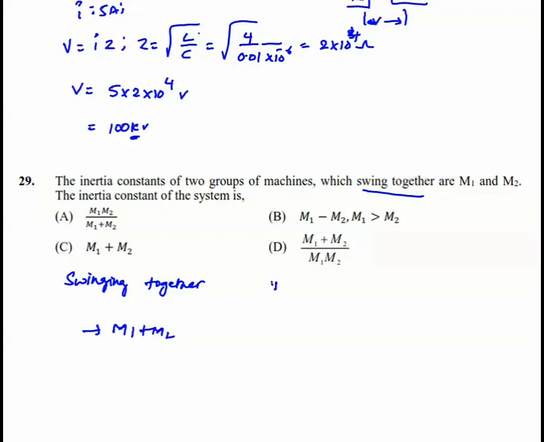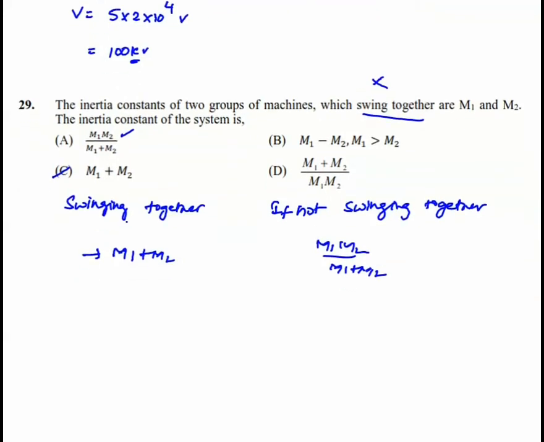Suppose if not swinging together, then M1 M2 by M1 plus M2. So if this is not the option, then choose this answer, right?